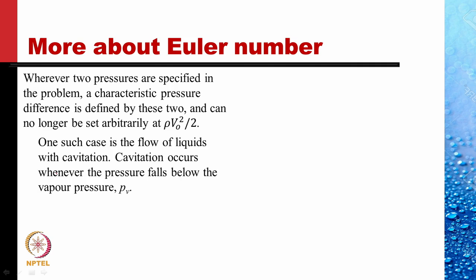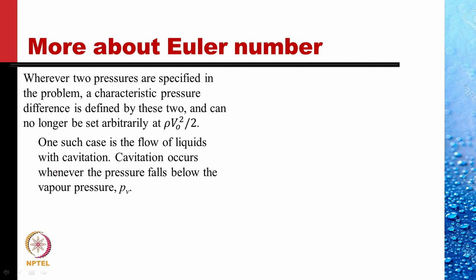One such case is the flow of liquids with cavitation. Cavitation is a phenomenon where the liquid boils. When the pressure in a flow field of liquid drops below the vapor pressure of that liquid, vapors are formed and they result in vapor bubbles.